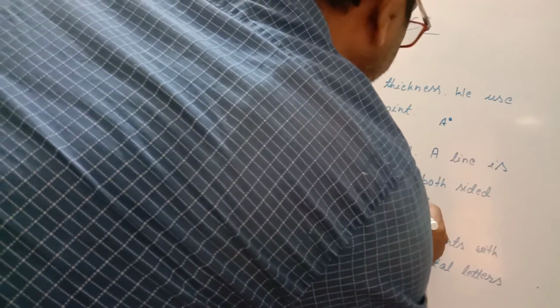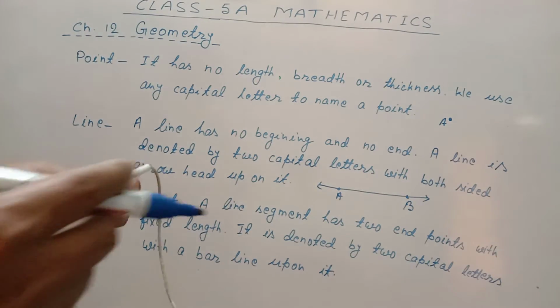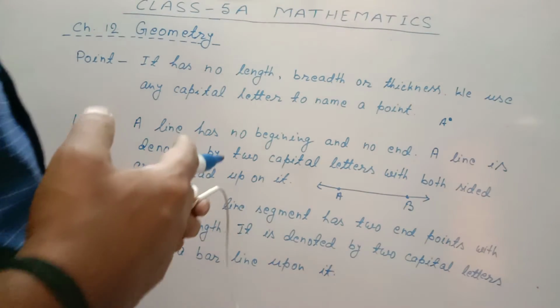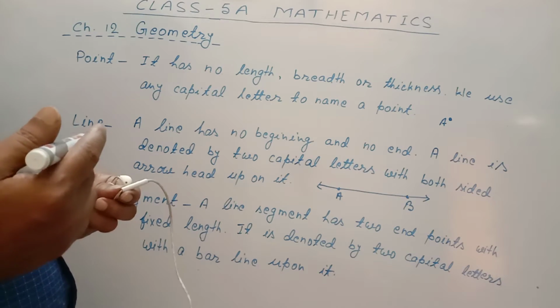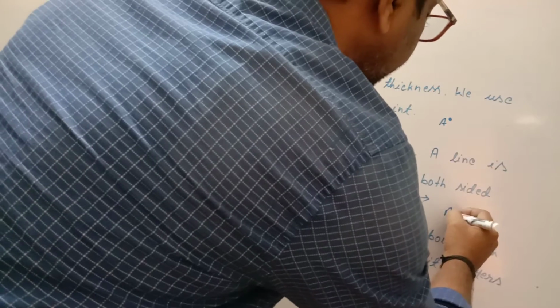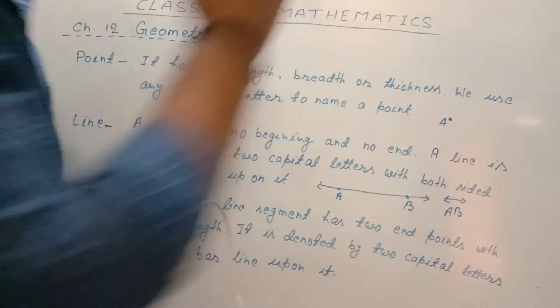We can give a name AB. So a line has no beginning. This arrowhead shows that there is no beginning, no end point. A line is denoted by 2 capital letters with both sided arrowhead upon it. Suppose this line will be denoted by AB with this type of arrowhead.